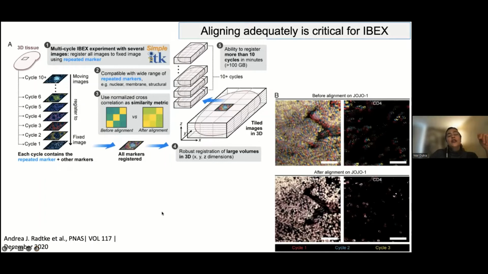Now, what do you do once you have all your images stained and read? What you have to do is properly align the images that you obtain from each different cycle. So once you have your images collected from your confocal microscope, stored in your storing system, and you need to align them, what is critical here is to remember that you will rely on what I mentioned to you as your fiducial marker.